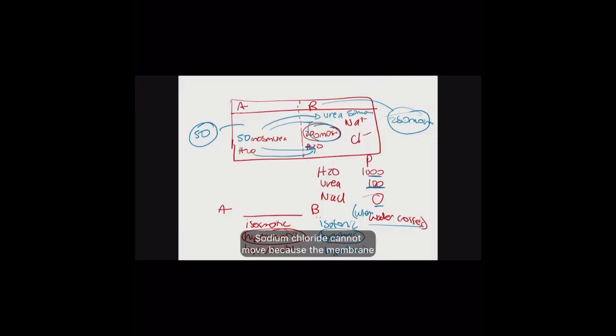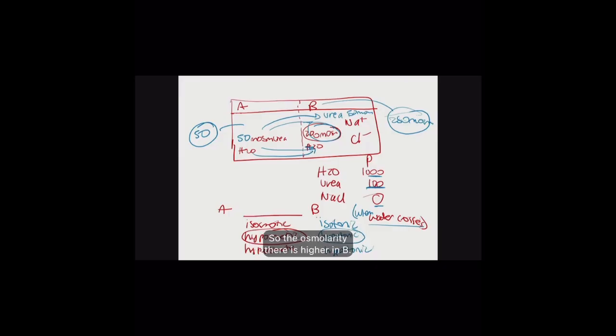Sodium chloride cannot move because the membrane is not permeable to it. Even though we have a driving force, not permeable, so it cannot move. So you end up in B with urea and what you had for sodium chloride. You add the two osmolarities, 50 milliosmolar urea plus 200 milliosmolar sodium chloride, that gives you 250 milliosmolar. And on this side, you only have 50 milliosmolar.